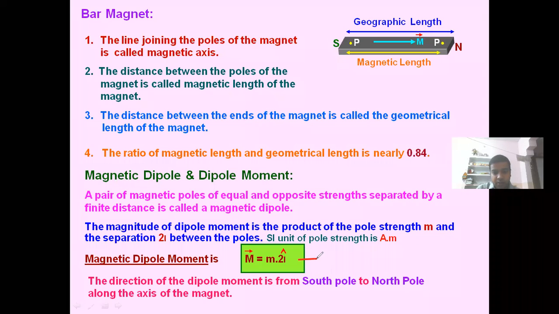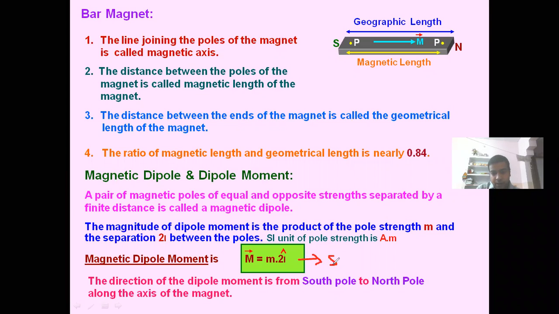The SI unit of magnetic dipole moment is ampere meter square, and that is also found by using IA, the magnetic moment formula, given by current into area vector, and that is also equal to ampere meter square.